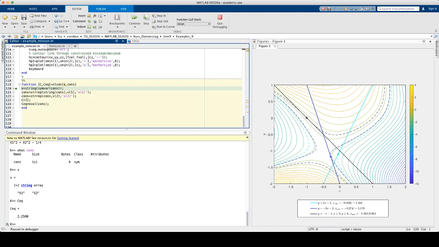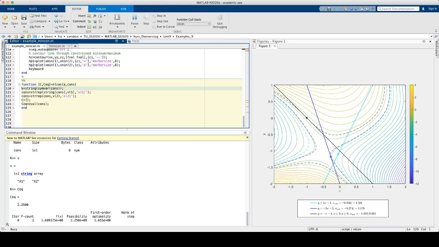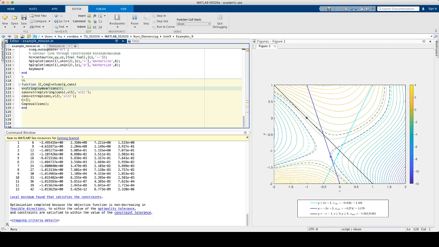So let's clear this breakpoint, because nlcon is called many times. It's called, of course, in every iteration that the minimizer has to do. And let's go directly to line 115.